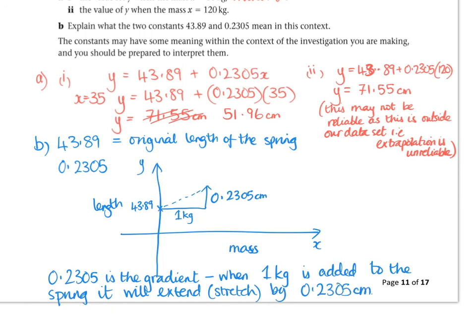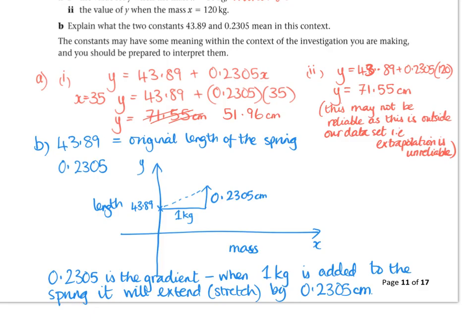And this is a typical exam question, because you work out your regression line, but then you've got to be able to put it into the real life context. You've got to explain what the variables are doing according to that equation.